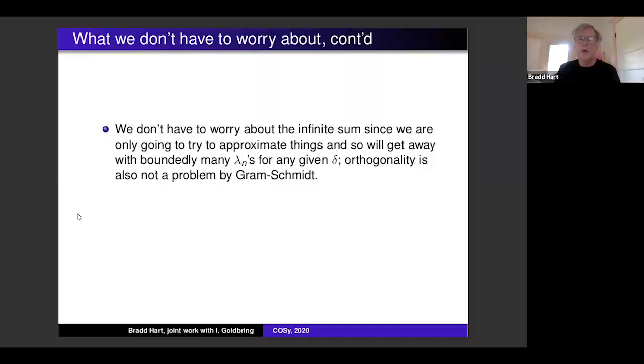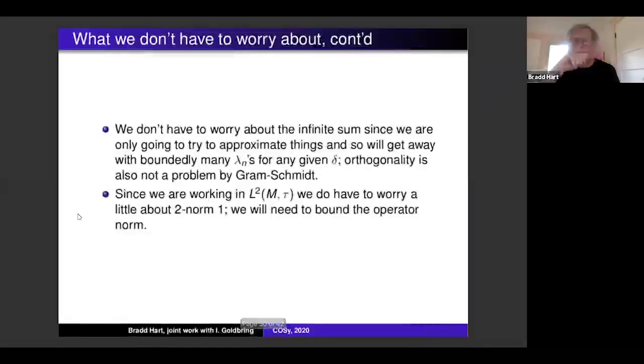Okay, what do you have to worry about? Since you're working in L2 of m tau, you're giving up access to the Hilbert space, but you have to worry about the 2 norm, right? The 2 norm is 1, but if I allow arbitrary things of 2 norm 1, I could have unbounded operator norm. So I do have to worry about this. I gave a practice version of this talk last week, and someone said, "Oh, so on the slide that we don't have to worry about, this is the thing you have to worry about."